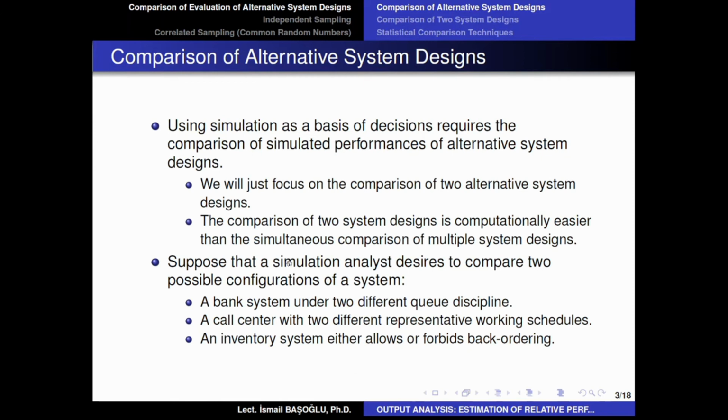So let's just say the analysts want to compare these alternative system designs. Now, in order to do that, we need to be simultaneously running the simulation for all of these system designs, and we are going to compare their performance metrics at the same time. Okay? But we will just focus on the comparison of two alternative system designs.